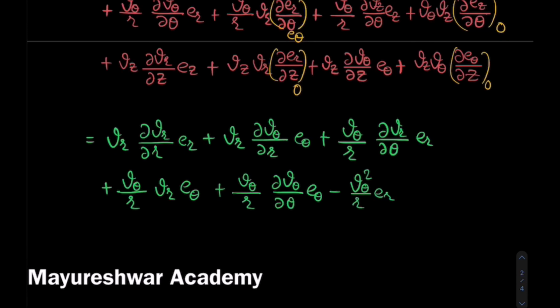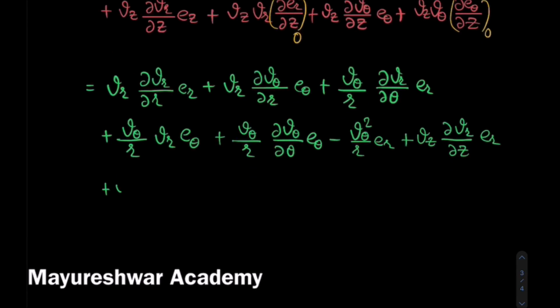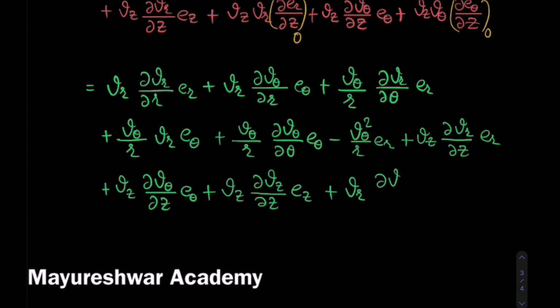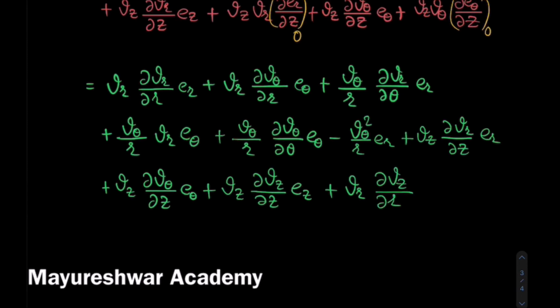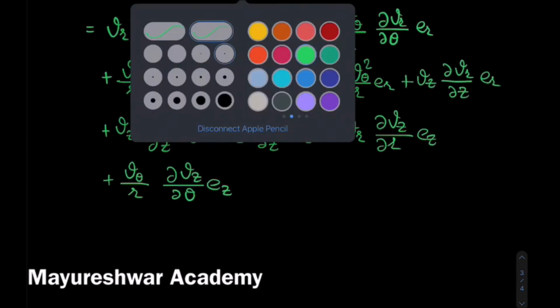Okay, so that will be v_θ squared over r times e_r. Then v_z ∂v_r/∂z, v_z into ∂v_θ/∂z, plus v_z ∂v_z/∂z times e_z. Then the last component, which is v_θ over r, partial over partial θ of v_z times e_z.